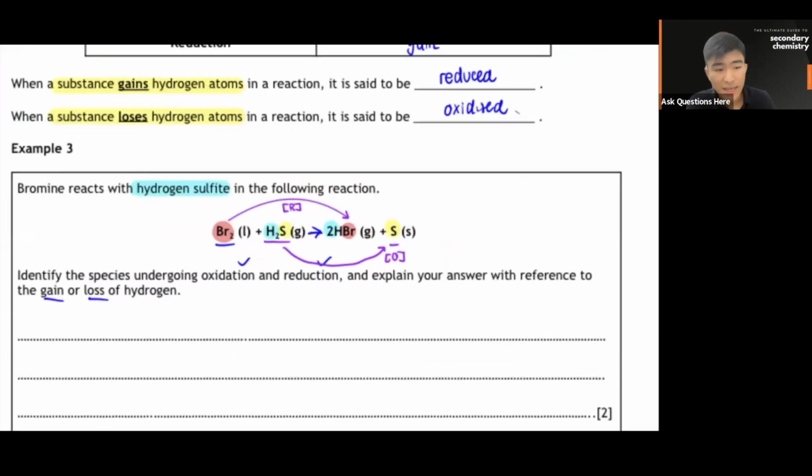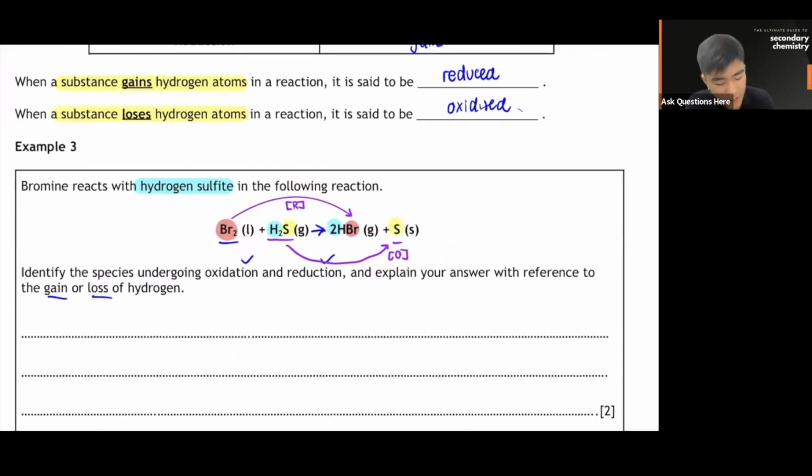Now, you must tell me what are the species undergoing oxidation and reduction. We see that Br is reduced. Now you must be very careful when you are answering, in that you must tell me what is the element instead of telling me what is the compound.